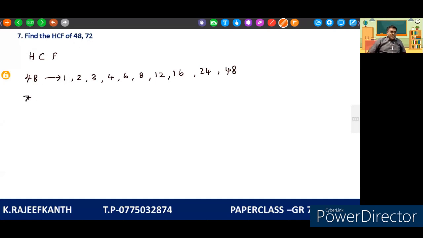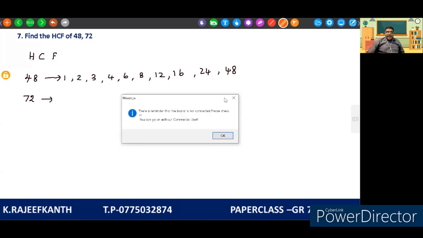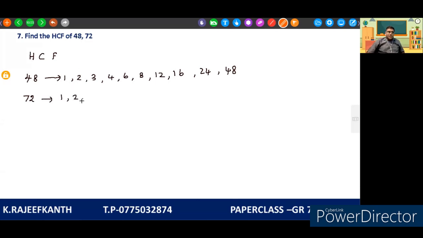Then 72. Now we have to write down the factors of 72. 1, 2, 3, 4, 6, 8, 9, 12, then 18, then 24, then 36, 72. These are the factors of 72. Now we have written the factors of 48 and 72.